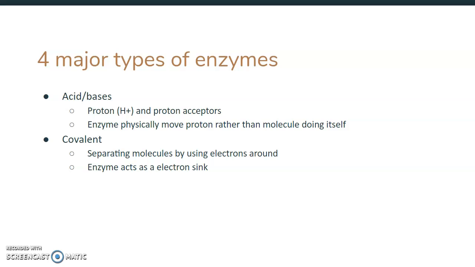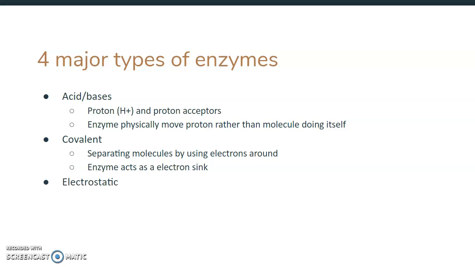These enzymes act as an electron sink, which means that to help move some of the electrons that are being shared in our covalent bond, those electrons can go into a large sink, a large molecule which can hold a lot of electrons, and that allows the covalent bonds to move through and be different and create a different molecule.